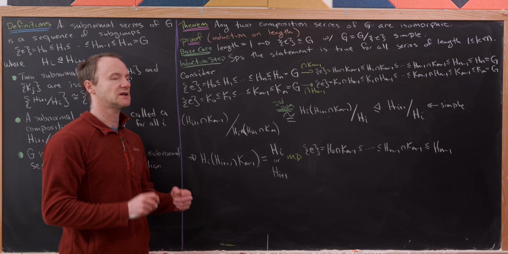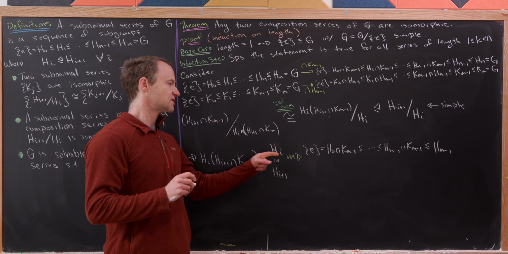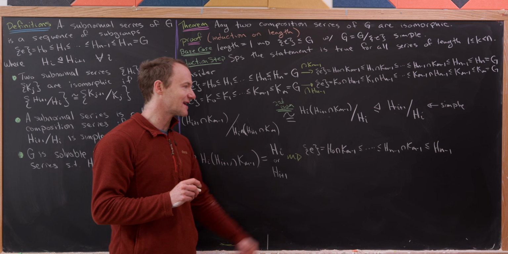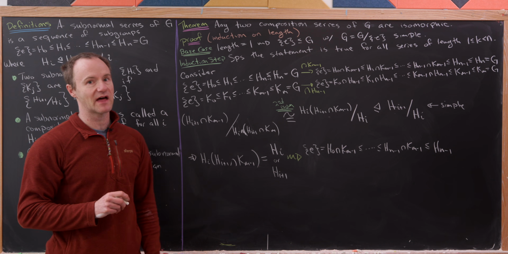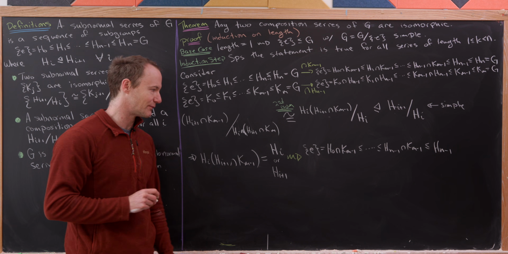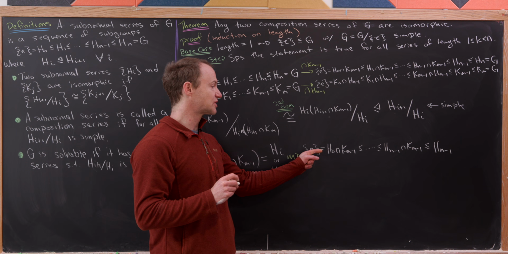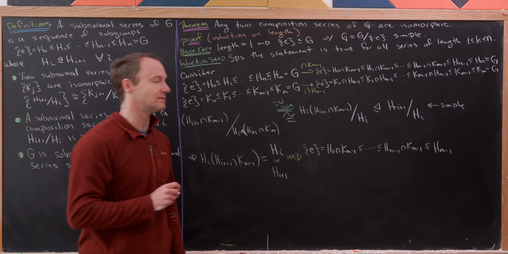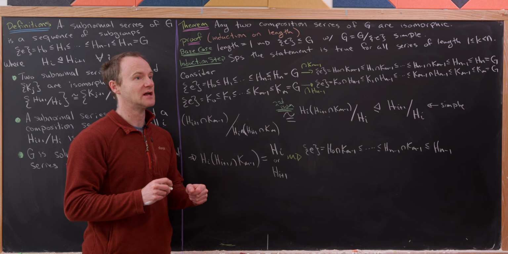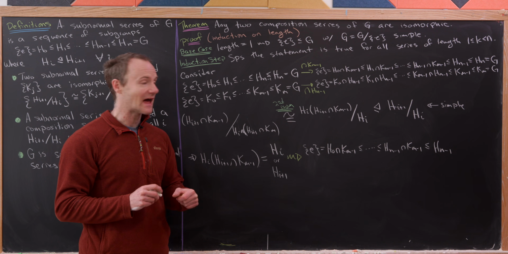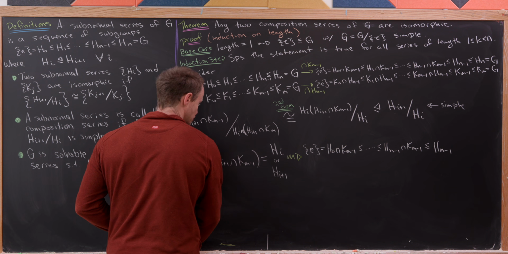Okay, so let's look at this carefully. So it looks like that's going to have length n, and that the induction hypothesis is not applicable. But by our discussion that we just had, we were able to remove some of these subgroups in the middle, which means this really has length less than n, and that in fact we can apply the induction hypothesis.